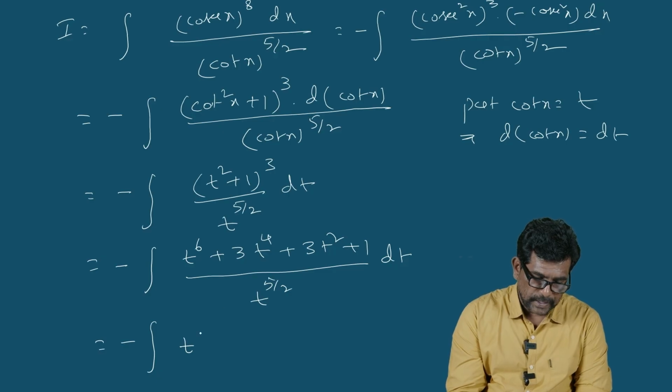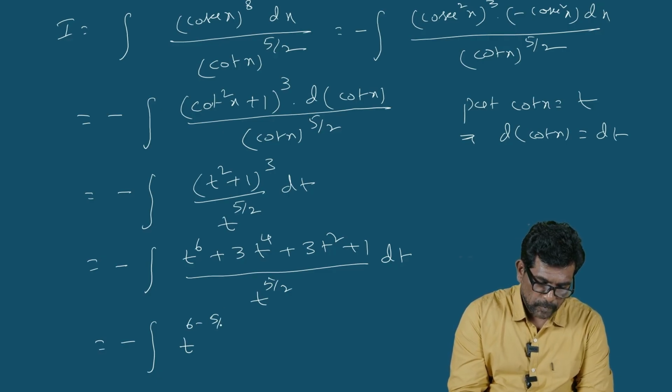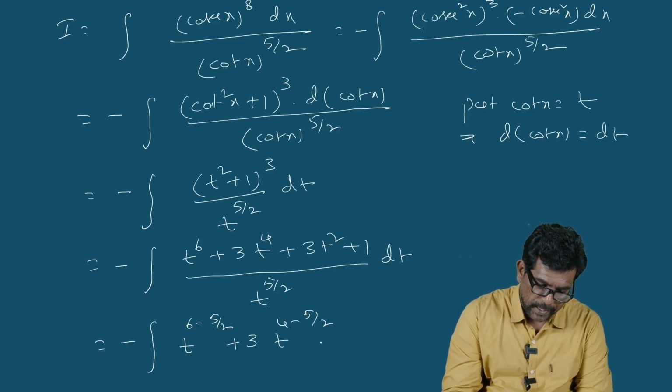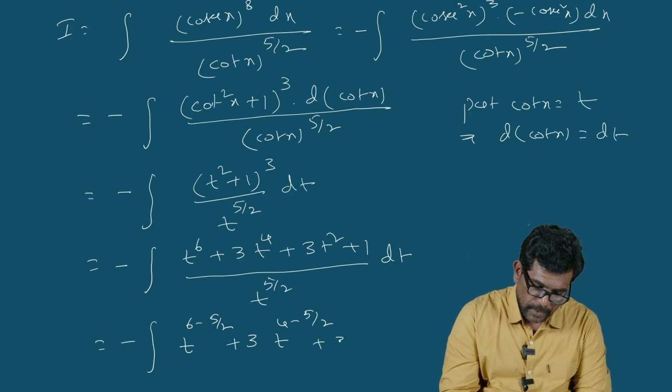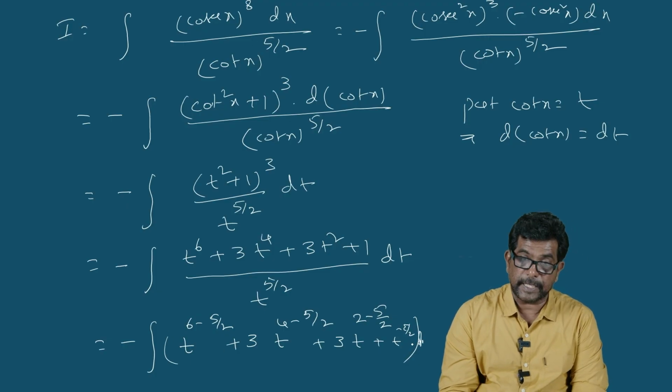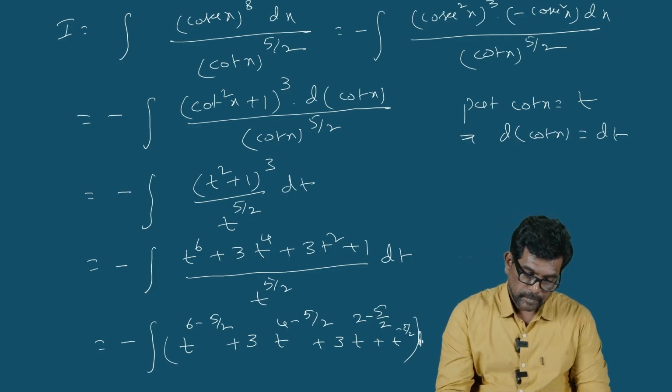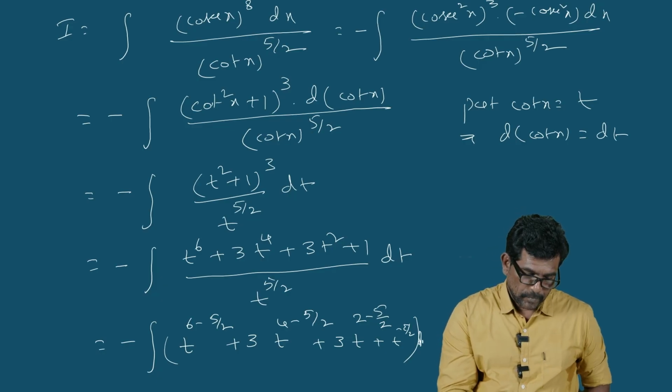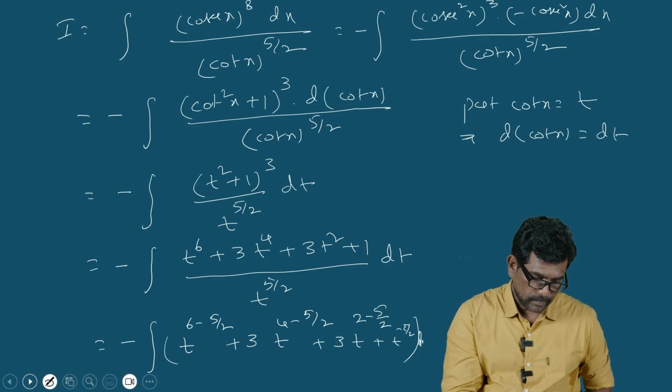Now this is equal to minus integral, I am separating the terms: t to the power of 6 minus 5 by 2, plus 3 into t to the power of 4 minus 5 by 2, plus 3 into t to the power of 2 minus 5 by 2, plus t to the power of minus 5 by 2, dt. Now we are going to simplify this one.